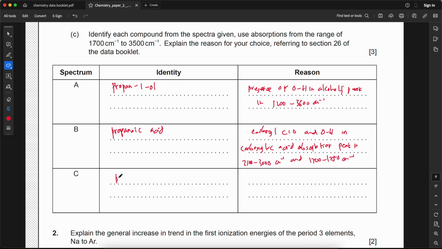And the third one is propanal, presence of carbonyl, C double bond O, peak in 1700 to 1750.